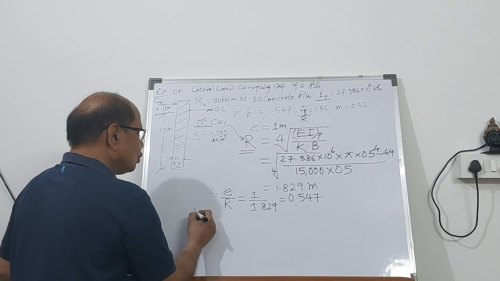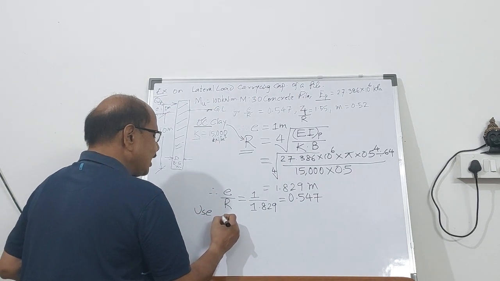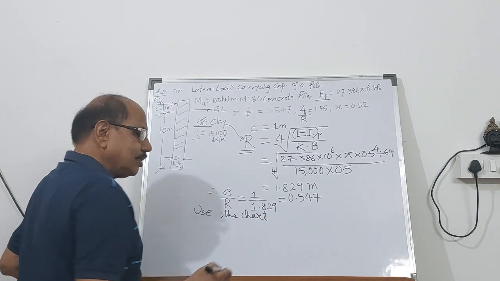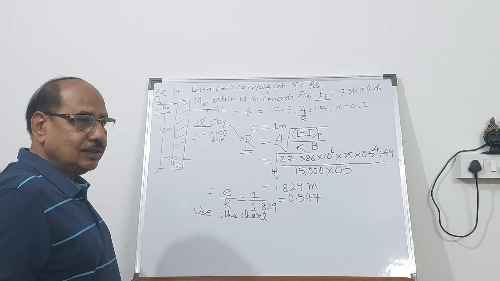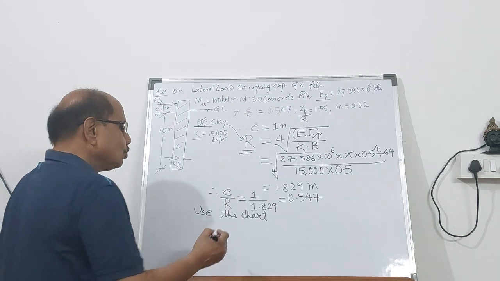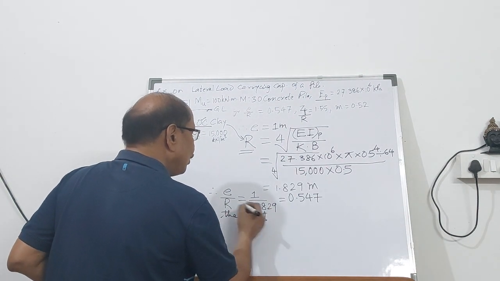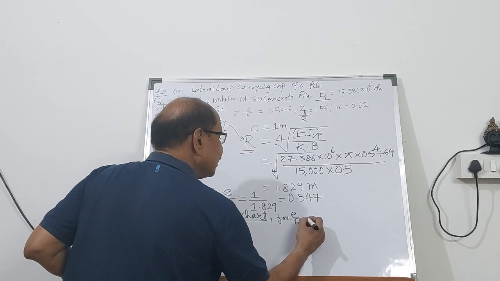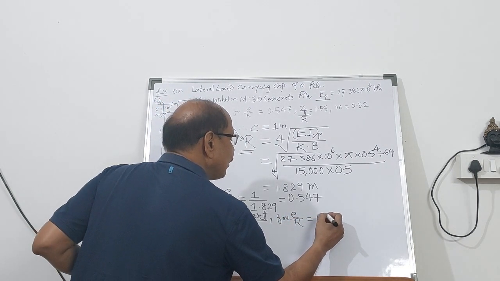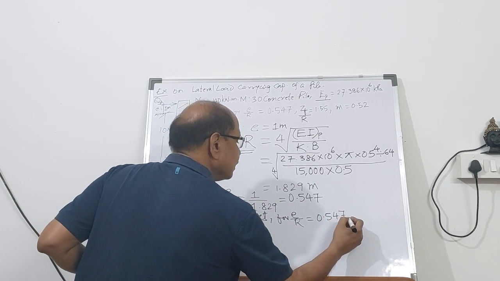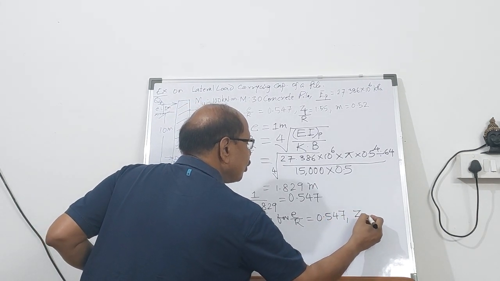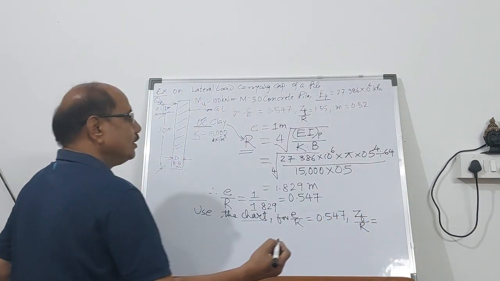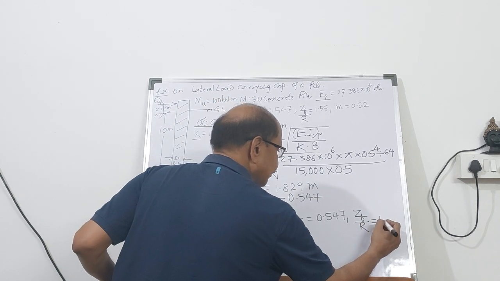So use the chart given in IS 2911 part 1 section 1. If you are using the chart for e by R equal to 0.547, the value of depth of fixity upon R, on the y-axis you can get it, which is given as 1.55.